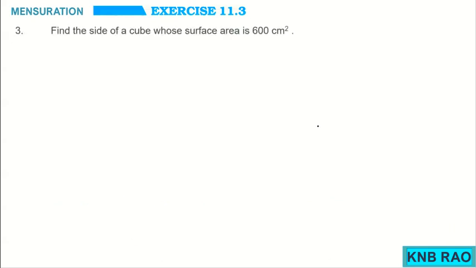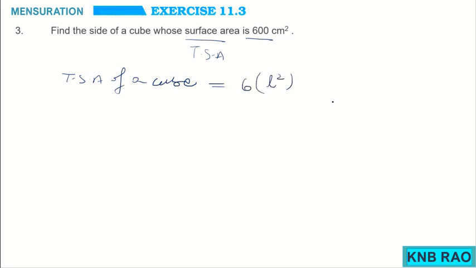Find the side of a cube whose surface area, nothing but TSA, is 600 centimeter square. You know, TSA of a cube is found with the formula 6 times L square, but that is given as 600 centimeter square.